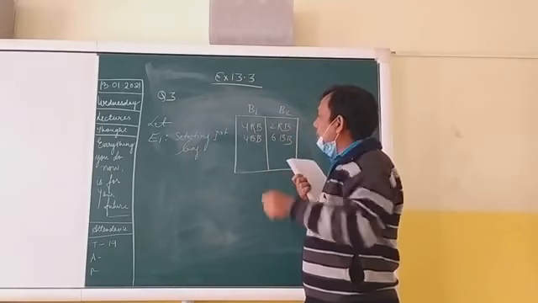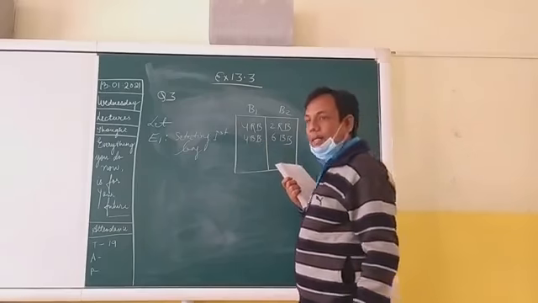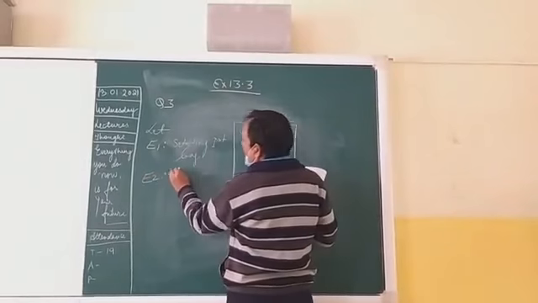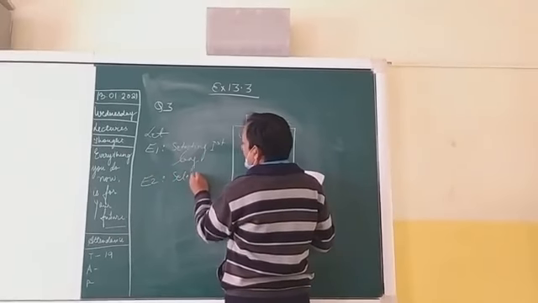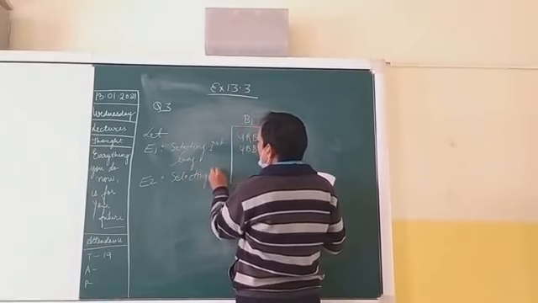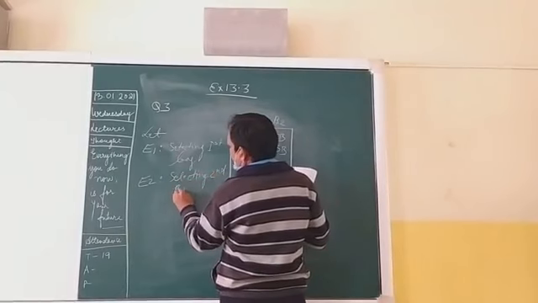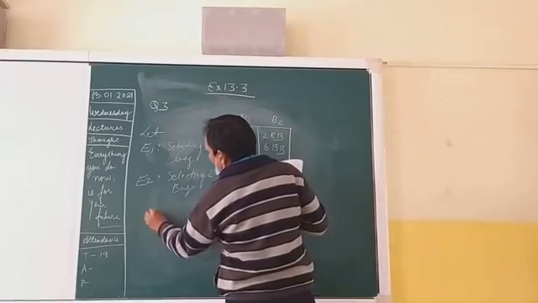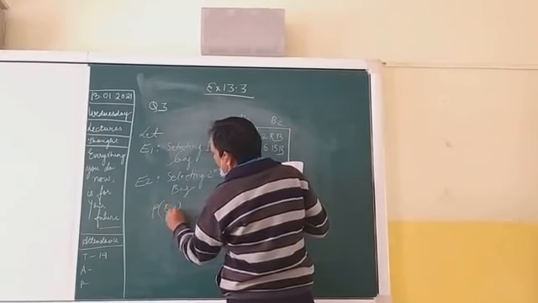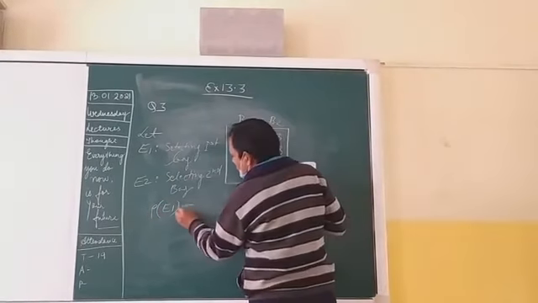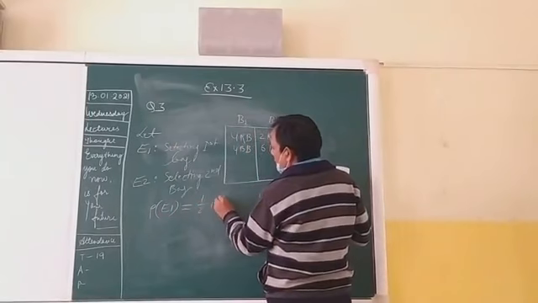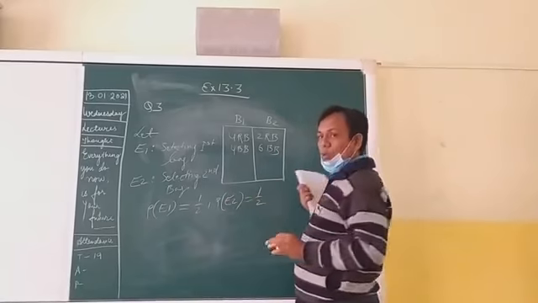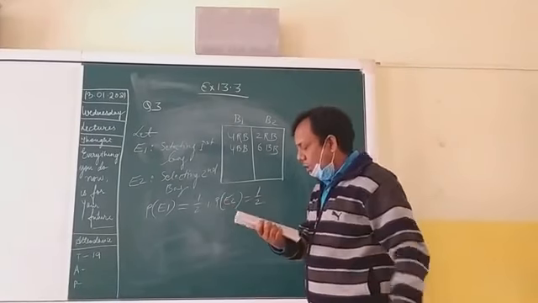So E1 is the event of selecting the first bag, and E2 is the event of selecting the second bag. Then we write the probability of bag 1 like this, P(E1). So it will be 1 by 2 and the probability of E2 will be 1 by 2. Clear? Now, further we will move.